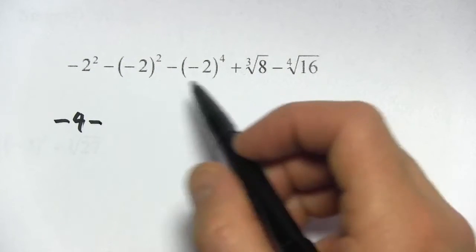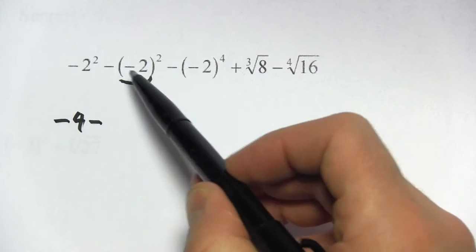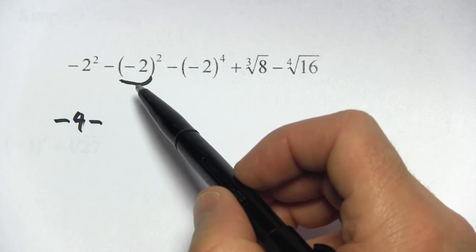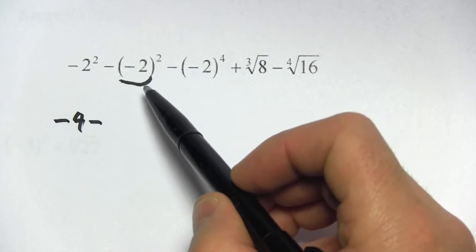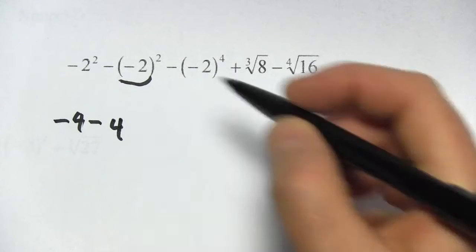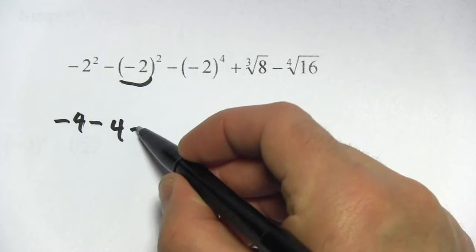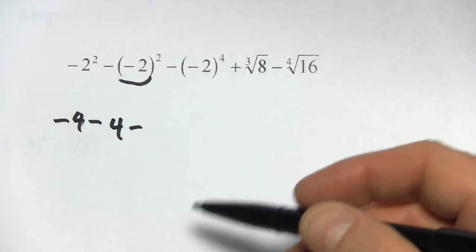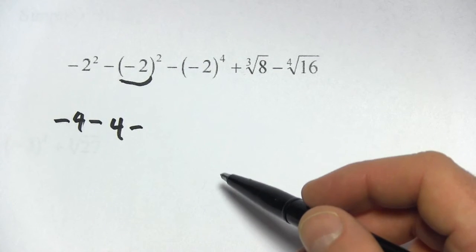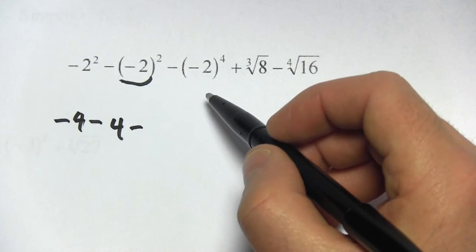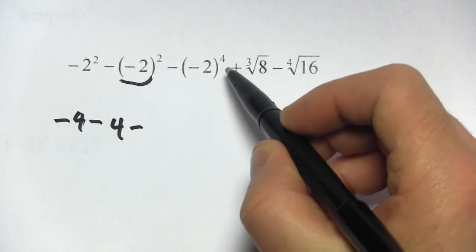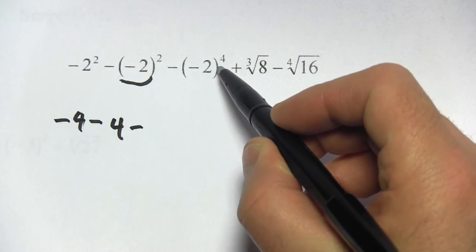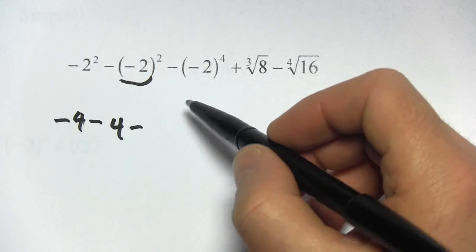Then we have a negative sign, and then this chunk. Negative 2 squared. Well, that's negative 2 times negative 2, so that's going to be a positive 4. And then we have another negative sign, and then we have negative 2 to the fourth, so that's negative 2 times negative 2 times negative 2 times negative 2. The value is going to be a positive 16. Anytime you raise a negative number to an even power, it's going to be a positive result.